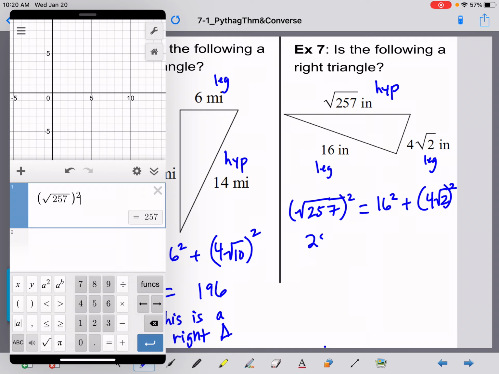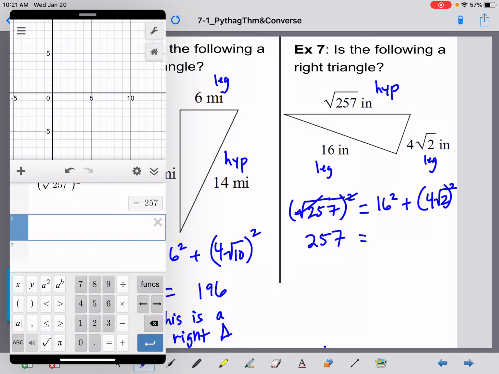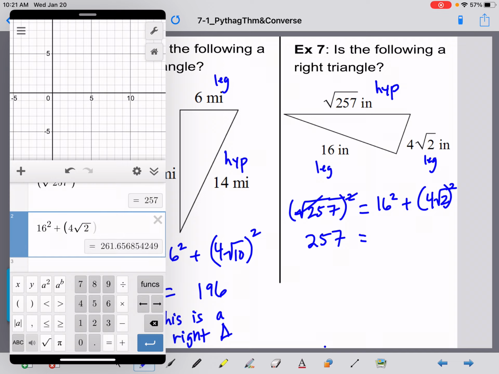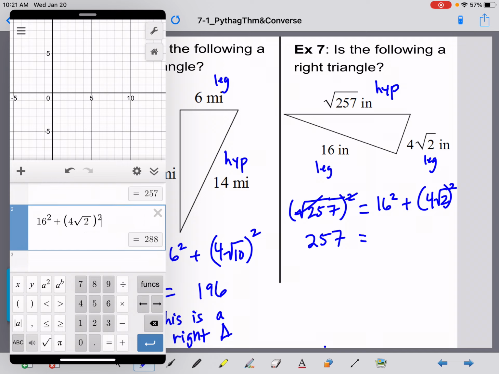It's 257. Yes, I could have just done that by canceling out, but just to show you in the calculator how it works, I want to type it in as well. So 16 squared plus, got to use parentheses because I've got a radical, 288. All right, so this is no. This is not a right triangle.